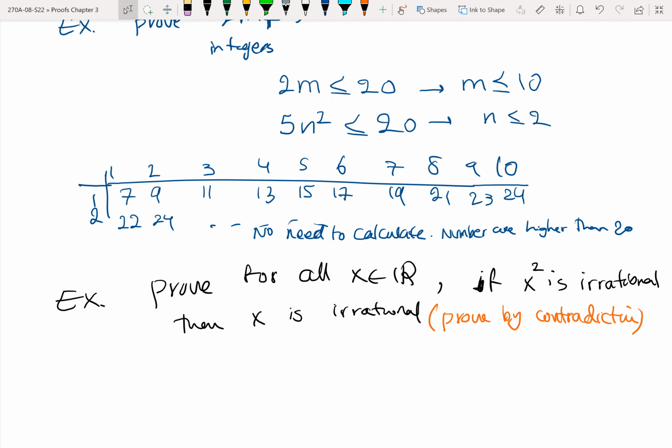Typically in the test, we ask you which way to prove, so we make the job easier and tell you which way to do it.